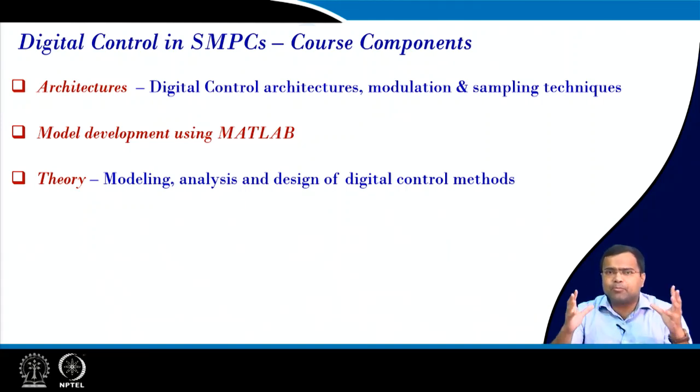There are different types of models, like a continuous time model. We will ask whether the continuous time model can be used or extended for digital control, or whether it is not sufficient, and whether we need a more advanced model like a discrete time model, and we will talk extensively about discrete time models.